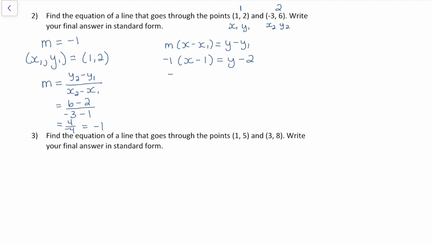So I get minus x plus 1, be careful of your negatives there, y minus 2. I'm then going to subtract 1 from both sides to get rid of my plus 1 on the left-hand side. So I get minus x equals y minus 3. And then I'm going to subtract y from both sides.